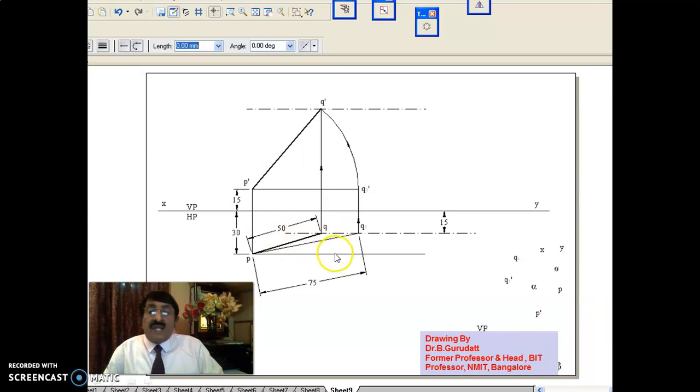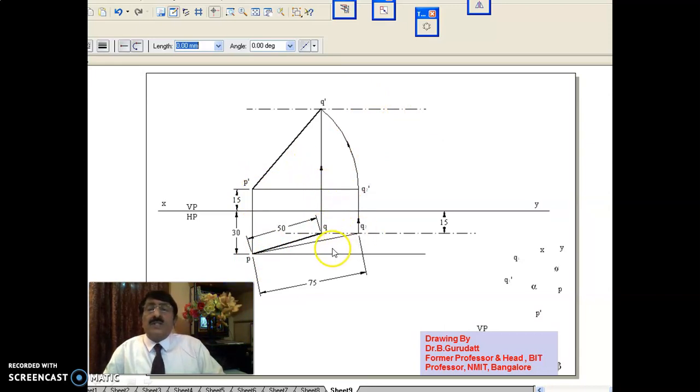And this is phi, the true inclination of the line with respect to VP. But the true inclination of the line with respect to HP is not there. That also you do. One procedure you know is 75 mm, no? This is 75 anyway. Take this 75 with P dash as center, cut 75 and get this theta directly.